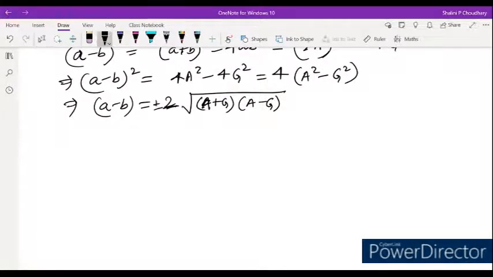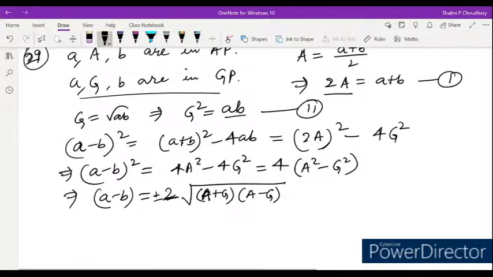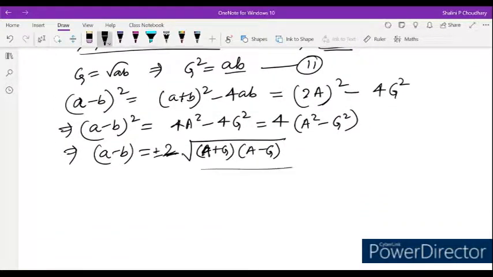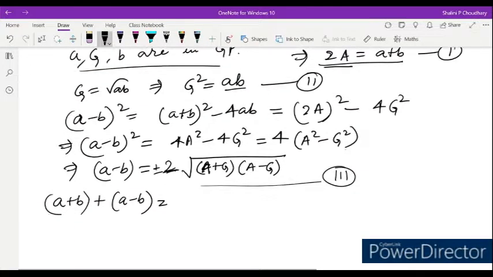Then now what will we do? We know the value of a plus b. a plus b is equal to 2A, and a minus b is equal to this value. So now what will be the value of a plus b plus a minus b? We'll add equation 1 and equation 3.